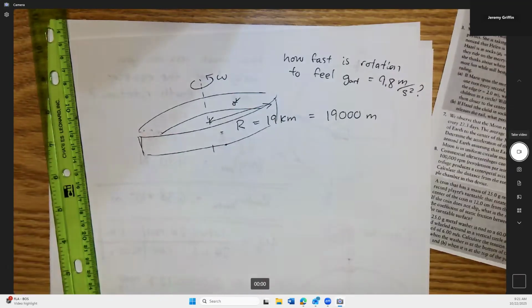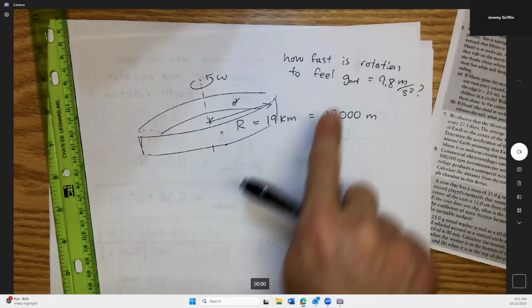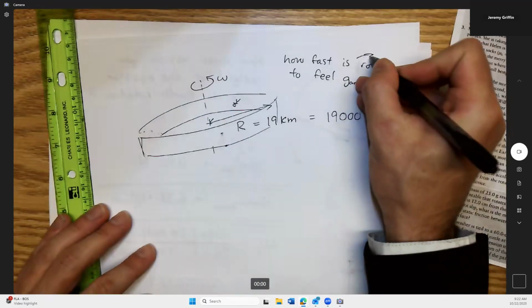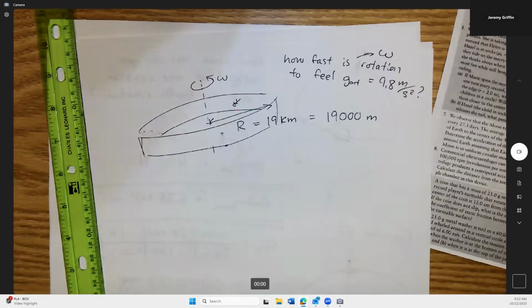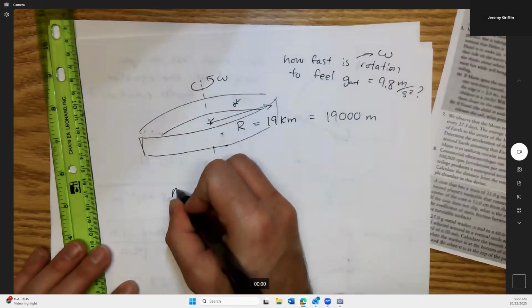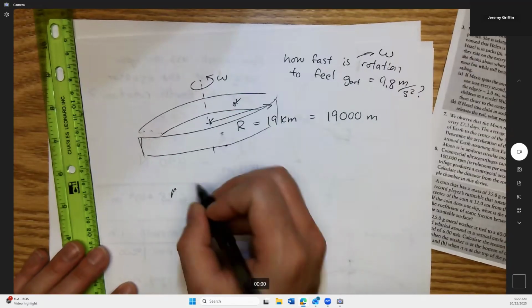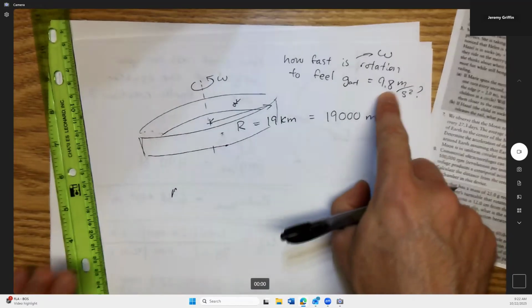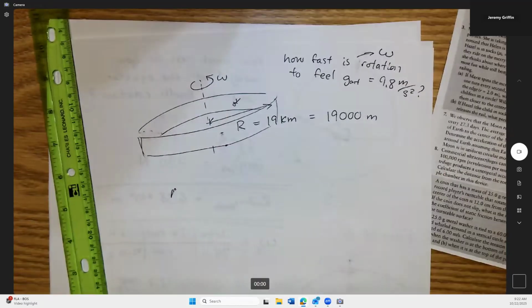What's a formula you guys can think for that? If you're solving for omega, when you say how fast is the rotation, is this referring to omega? Now, 9.8 meters per second squared, is that a force or an acceleration?